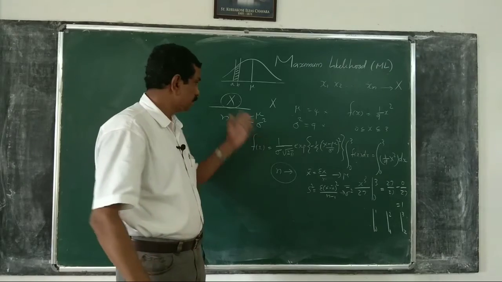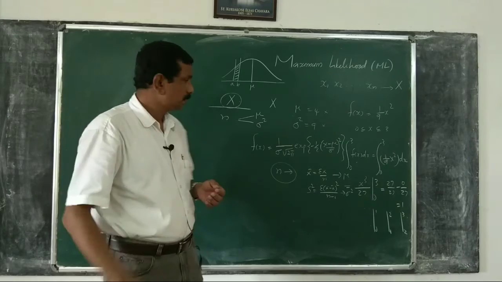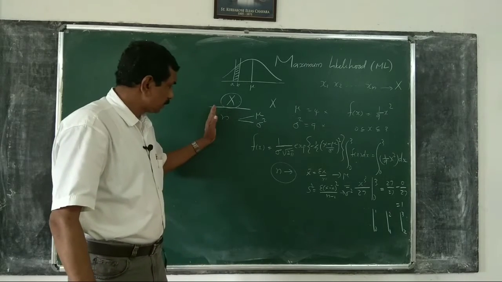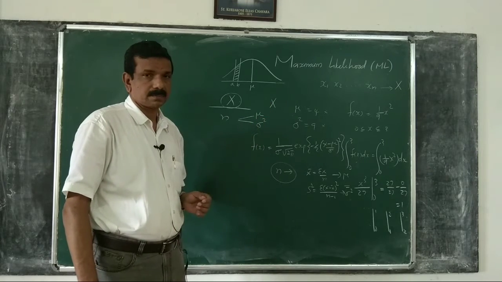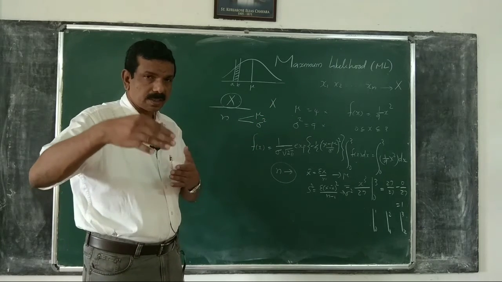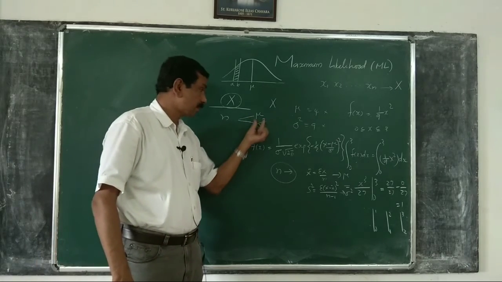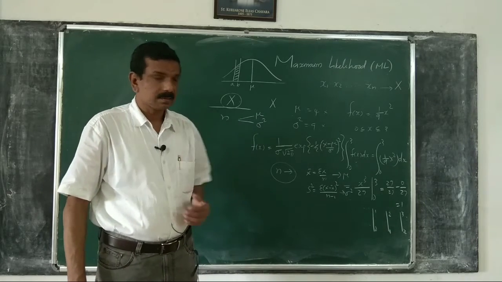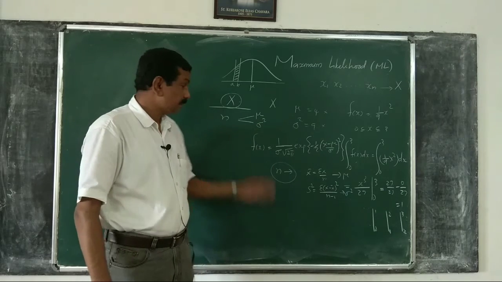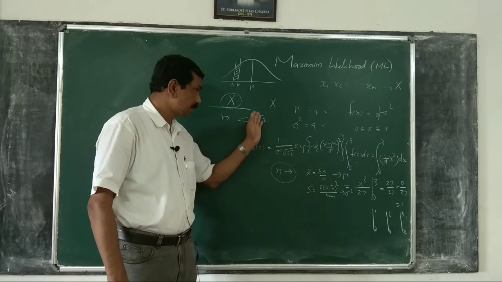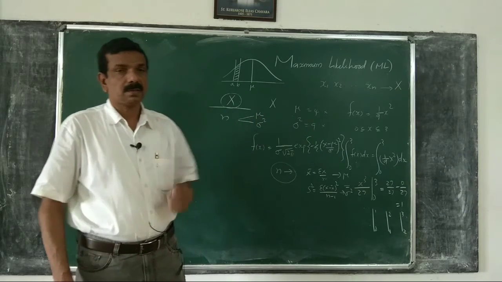If mu and sigma square are unknown, we have to estimate them. So we take n samples randomly, and these samples might have been generated by different sets of mu and sigma square. We choose as our estimators those values of mu and sigma square which maximize the probability of observed samples.